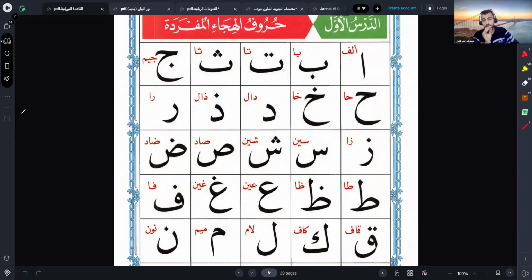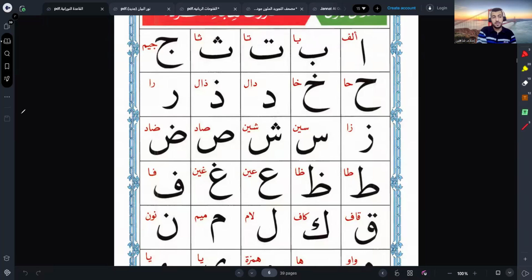The heavy letters are seven letters, and we have three letters called the letters of tadwir. Like they are coming in the middle. Sometimes they are heavy, and some other times, no, they're just light letters. So the heavy letters today, they are seven letters. To make it easy for you, let's say there are four, each two of them are sisters. Sod, Dod. This is the first sisters.